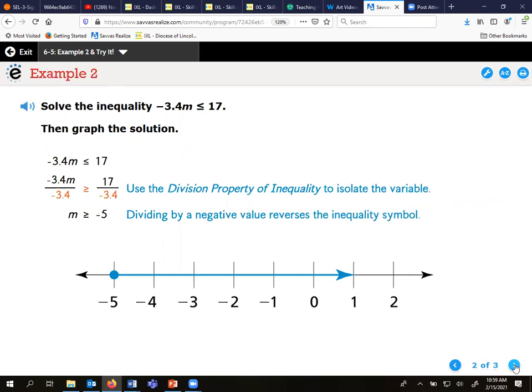So instead of m less than or equal to negative 5, our solution is going to be m greater than or equal to negative 5.